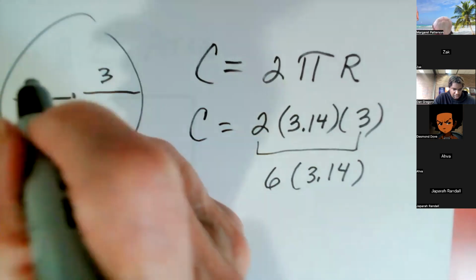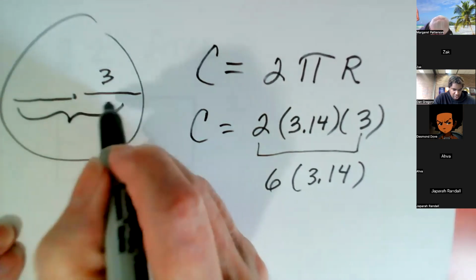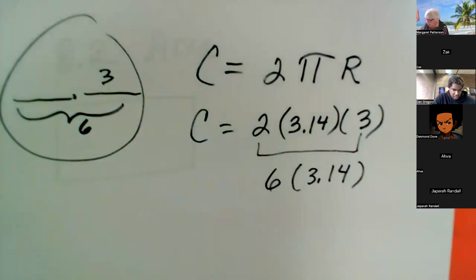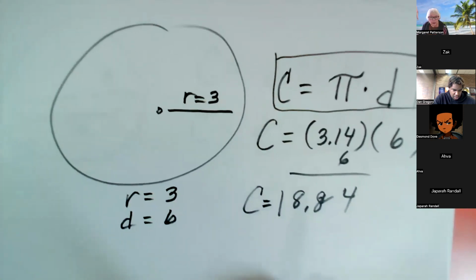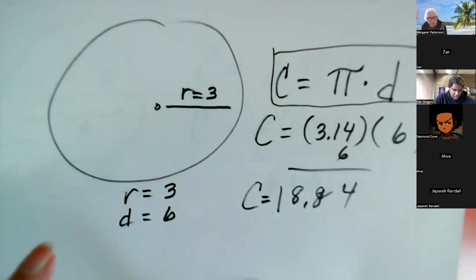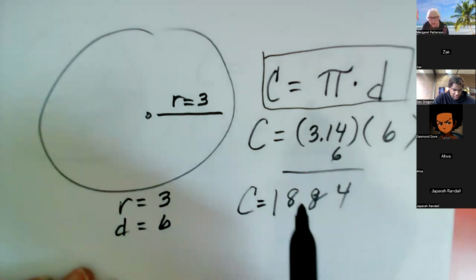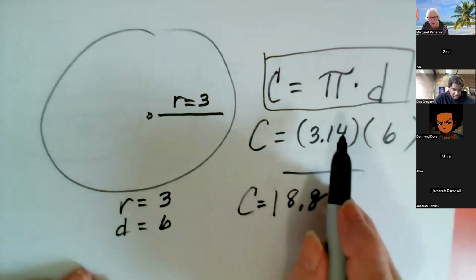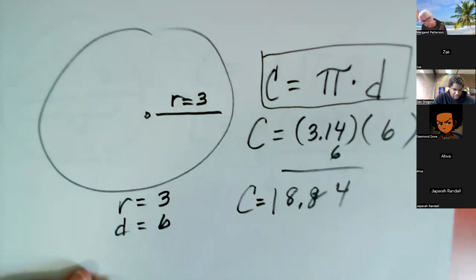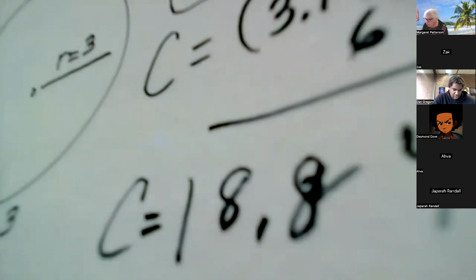So it's basically taking into account that the diameter would be 6. But if you never learned it, I think this is more straightforward. The radius is 3 and the diameter is 6. All you have to do is 3.14 times 6. Okay, thank you. It's really up to you.